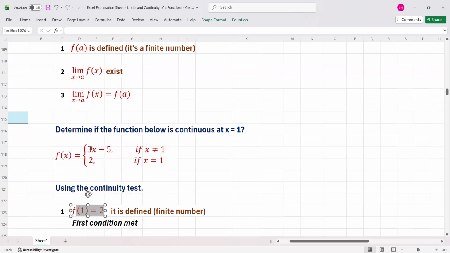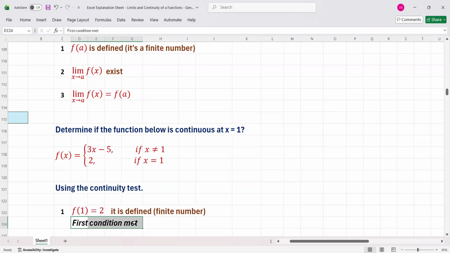We won't use 3x minus 5 because that is for when the value of x is not equal to 1, and the question is being tested at x equal to 1. So we will pick the second part of the function. So f of a, which is f of 1, is equal to 2. And this function is defined, and it's also a finite number. That is test 1, so the first condition has been met.